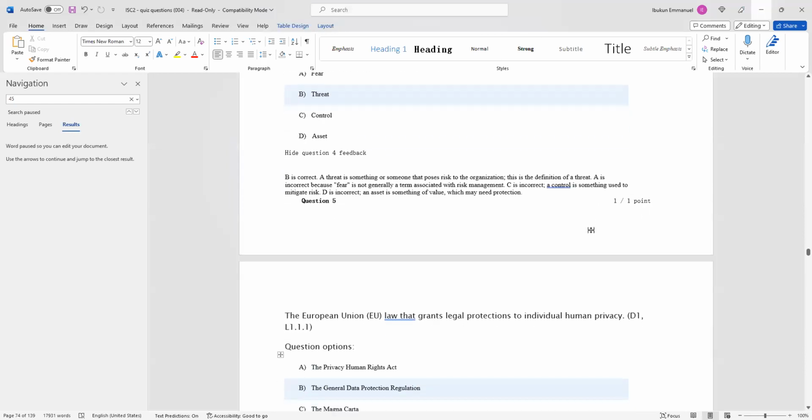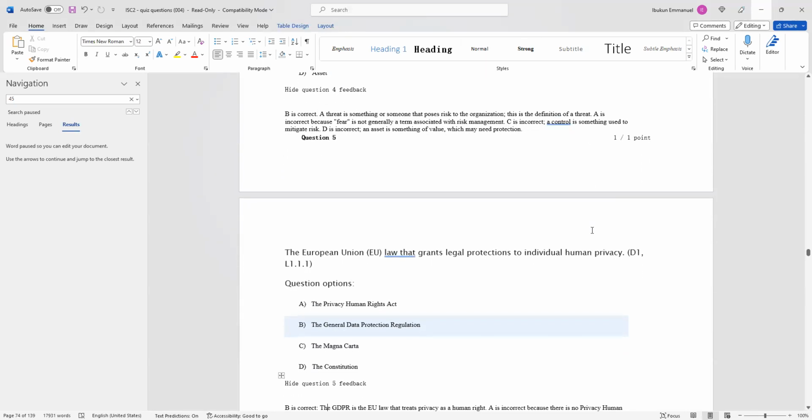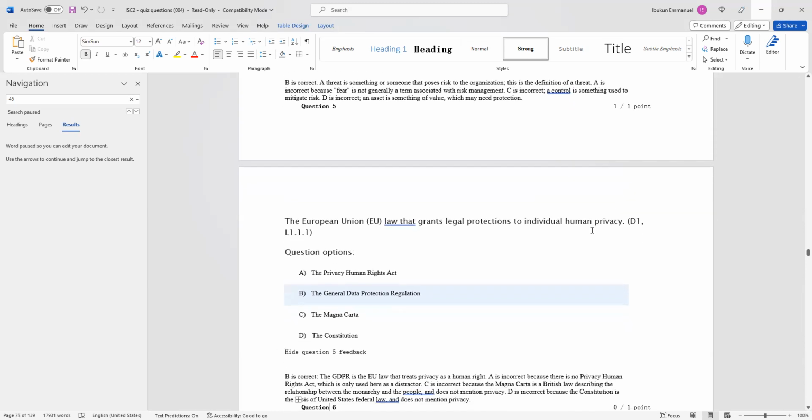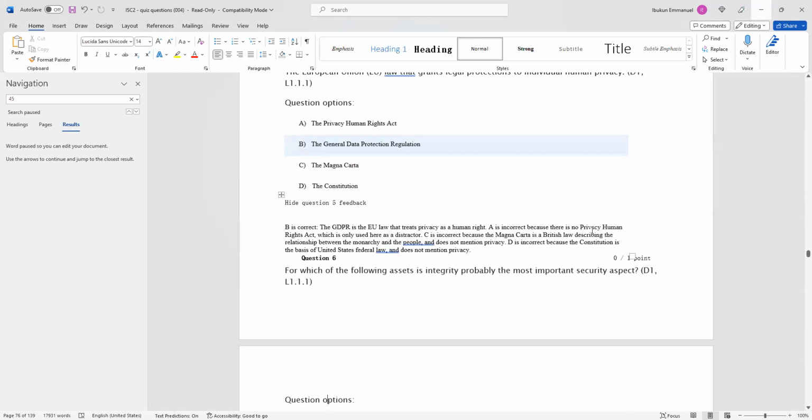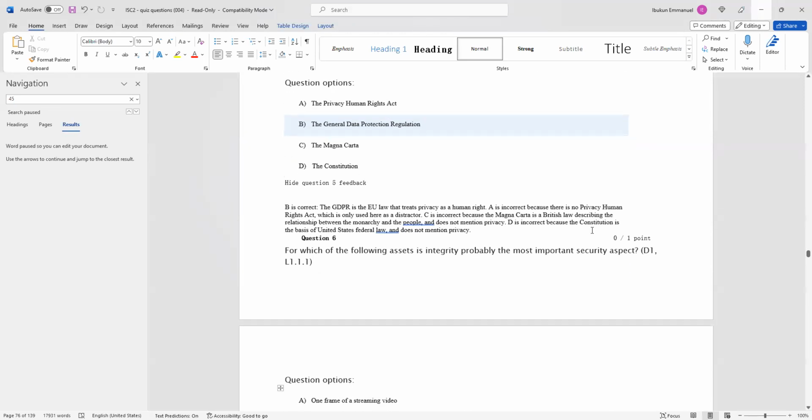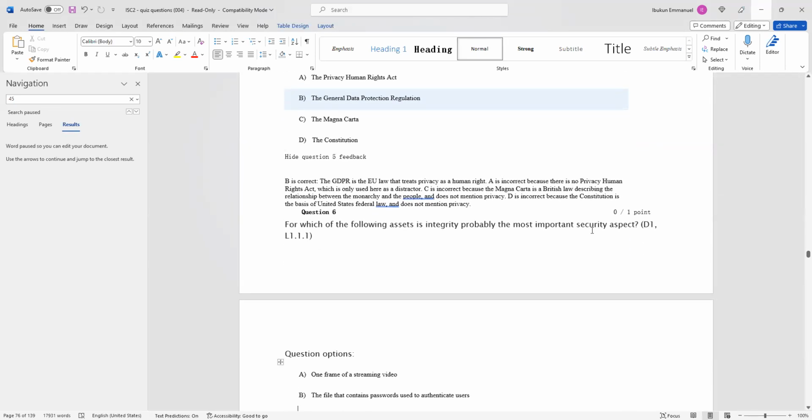The EU law that grants legal protections to individual human privacy of EU residents, not EU citizens, EU residents, is called what? That's called the General Data Protection Regulation, or the GDPR, which applies to the personal data of all EU residents.